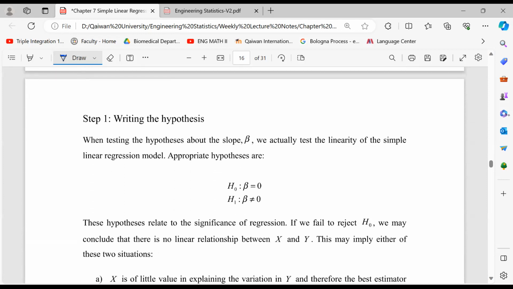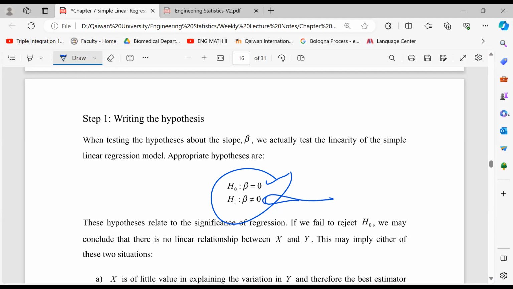In the first step, we write down the hypothesis. If it is two-sided, we say H naught is beta is 0, H1 is beta doesn't equal 0. These are H naught and H1. What if there is a positive slope?